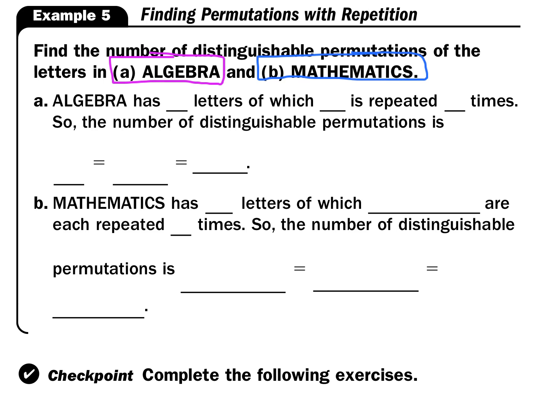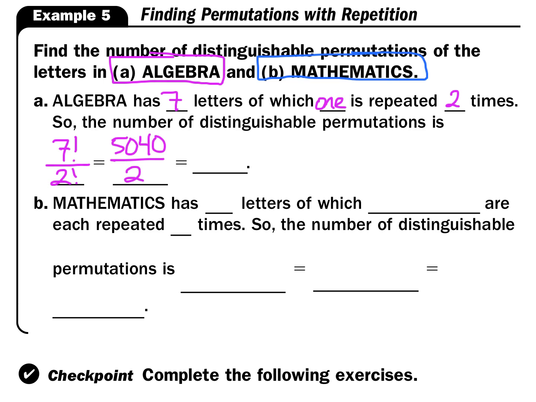Okay. So for algebra, we notice that we have 7 letters, of which only one is repeated, and it's repeated 2 times. So the way that we would figure this out is n factorial, so 7 letters, so 7 factorial over q factorial, so q is our repeated letter a, so over 2 factorial. 7 factorial winds up being 5,040 over 2 factorial, which is just 2 times 1, which is 2.